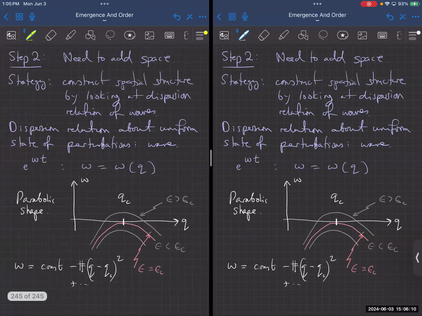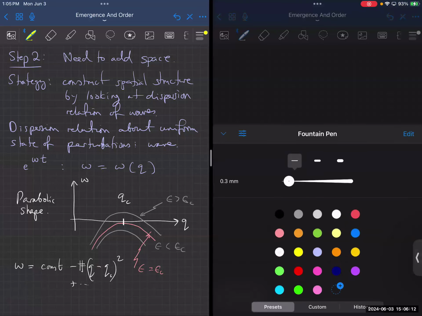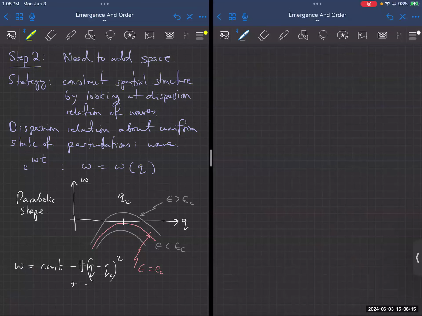So now let's put in the coefficients. Specifically, we want this equation to be dimensionally consistent. So there's going to be a tau omega of q. Tau is a time, omega is an inverse time, so that's dimensionless. Then we have r, which is our control parameter, a dimensionless parameter. And then I've got something that goes like q minus qc squared. But q has dimensions of inverse length, so there must be a length in here.